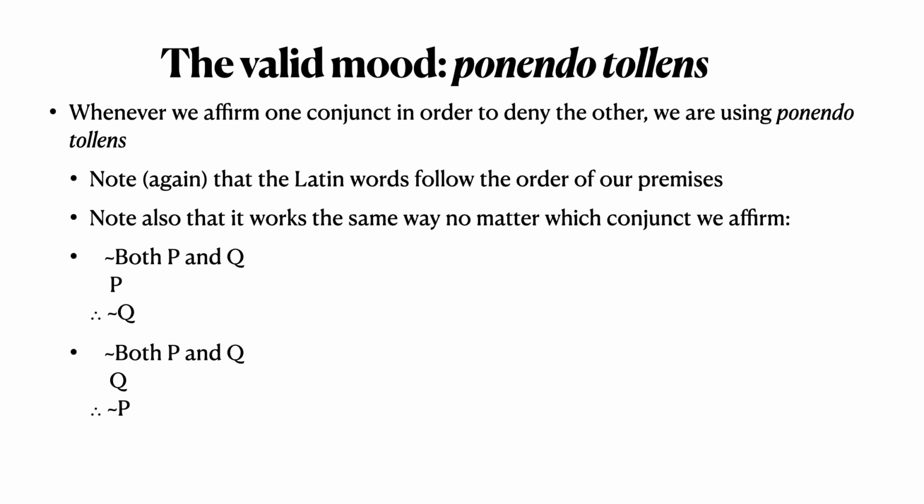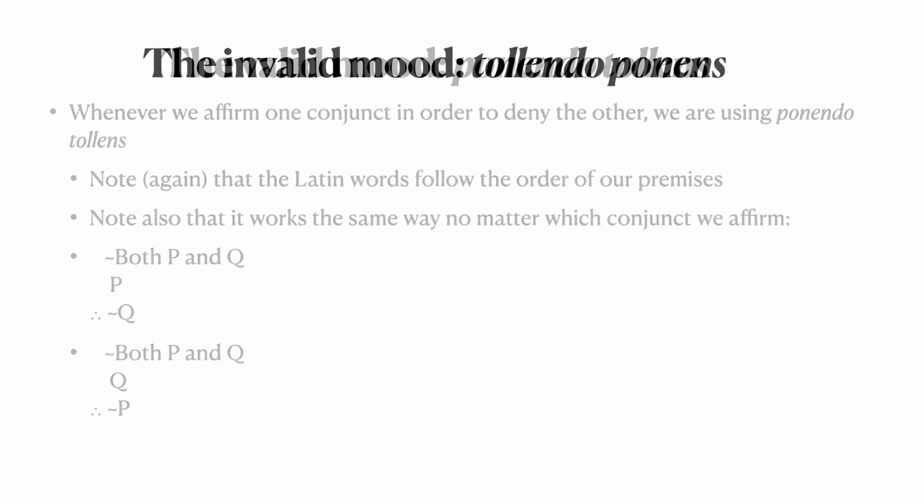It's valid no matter which conjunct you affirm first. The logic works exactly the same way. So, while we have 4 cases to worry about with conditional syllogisms, we really only have 2 to worry about with disjunctive and conjunctive. All right, so ponendo tollens, which is normally invalid for disjunctives, turns out to be the one that's always valid for the conjunctives. Interesting.